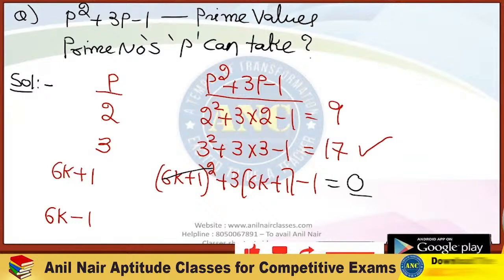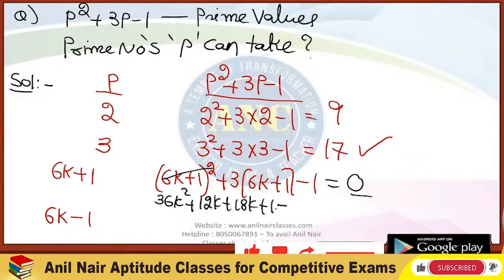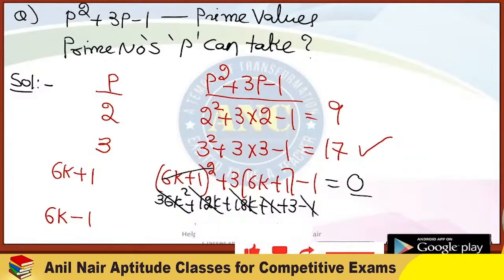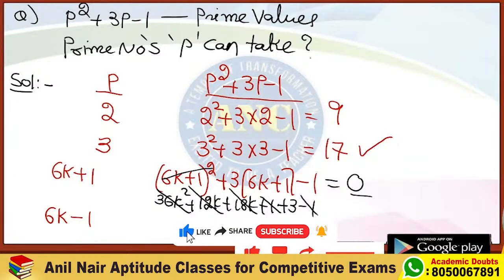That means it is perfectly divisible by 3. Again, opening: 36k square plus 12k plus 18k plus 1 plus 3 minus 1. Divisible by 3, divisible by 3, divisible by 3. 1 minus 1 cancel. 3 is divisible by 3.